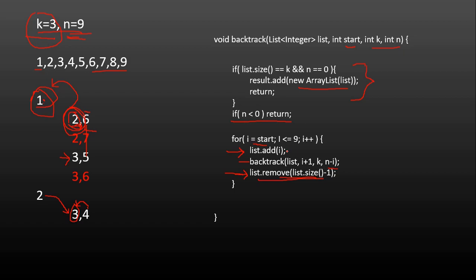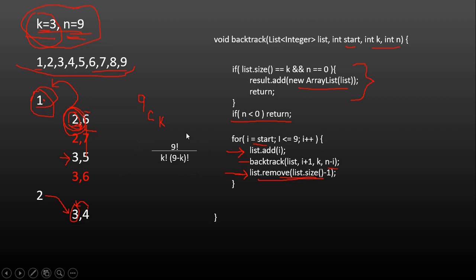So in this case, what will be the complexity of this algorithm? We have 9 numbers that we can select from. Don't look at this n equal to 9, but we have 9 numbers, and the total number of values that need to be selected is k. So the complexity will be 9Ck, since we have to choose k numbers from 9 numbers, which is nothing but 9 factorial upon k factorial into (9 minus k) factorial.